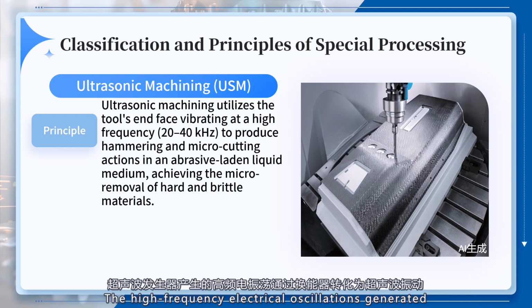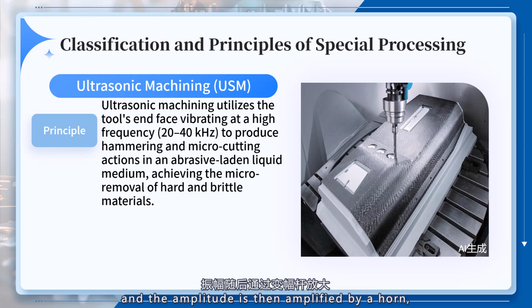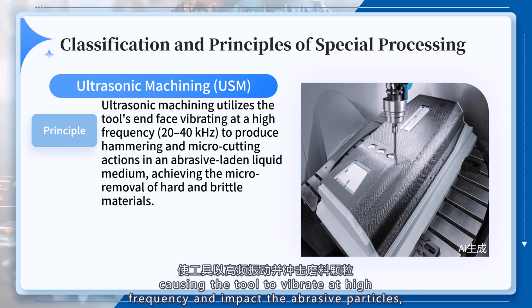The high-frequency electrical oscillations generated by the ultrasonic generator are converted into ultrasonic vibrations by a transducer, and the amplitude is then amplified by a horn, causing the tool to vibrate at high frequency and impact the abrasive particles, thereby machining the workpiece.